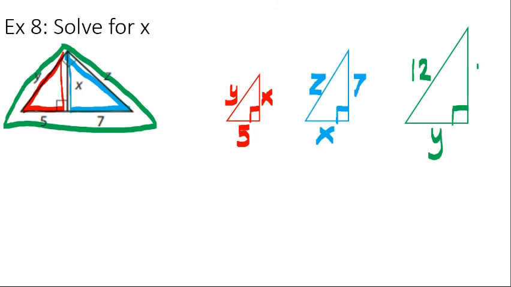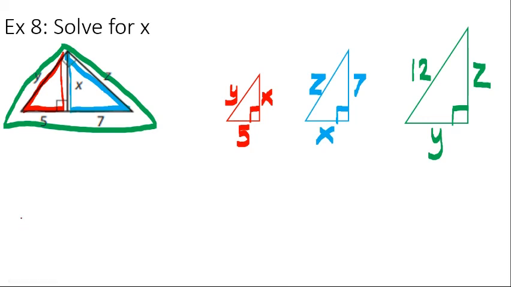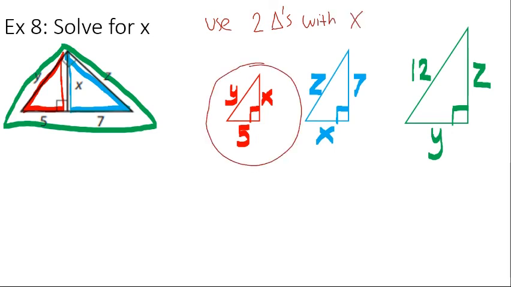And that means this is right here, this is z. So I want to solve for x. So what I'm going to do here is I'm going to use the 2 triangles with x, which makes it this one and this one right here.